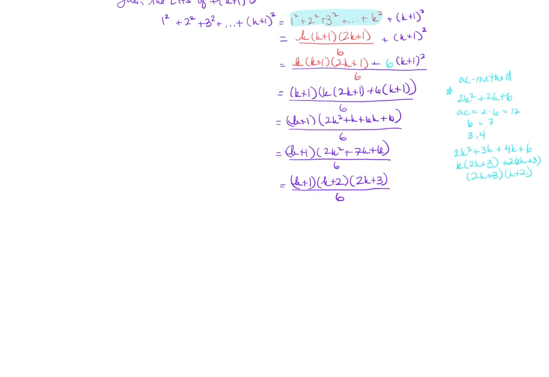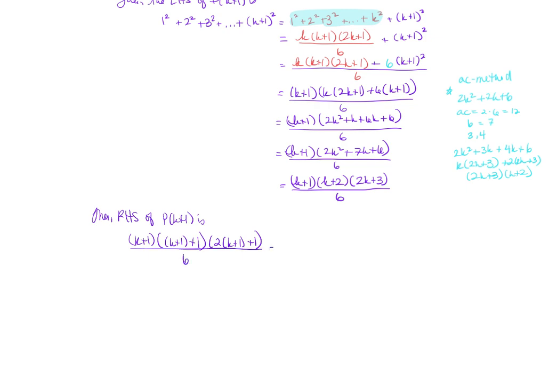And now that we've got our left-hand side simplified, let's look at our right-hand side. So we'd say the right-hand side of P of k plus 1 is, and that's where we got, let's see here, k plus 1 times k plus 1 plus 1 times 2 times k plus 1 plus 1, all over 6.